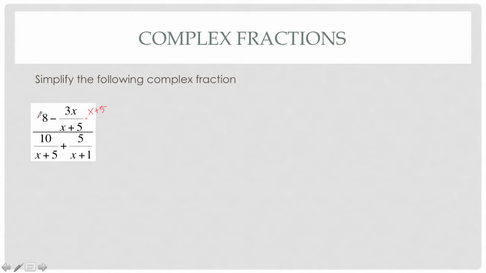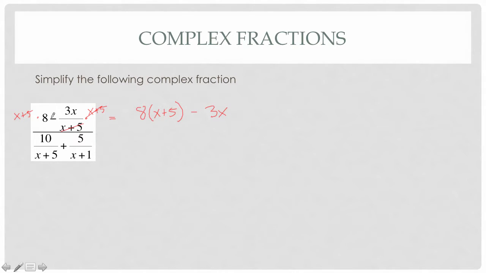And I can multiply this by x plus 5 on the top there and rewrite the whole thing. What does that give me? Well, now I've got 8 times x plus 5 minus, these x plus 5s cancel out. So now we've just got minus 3x.